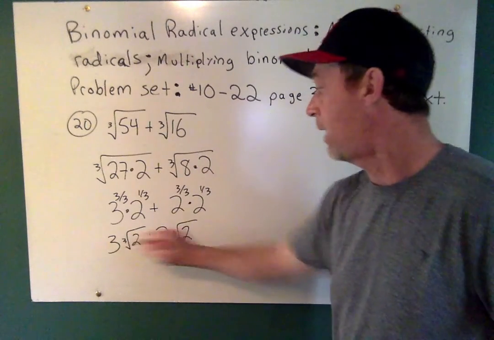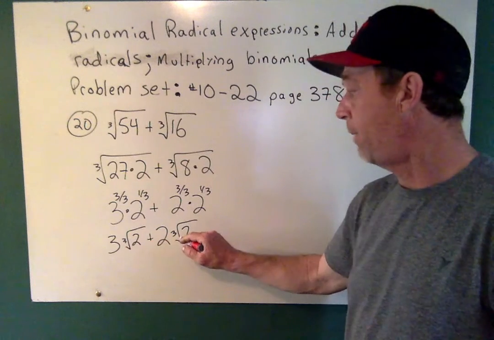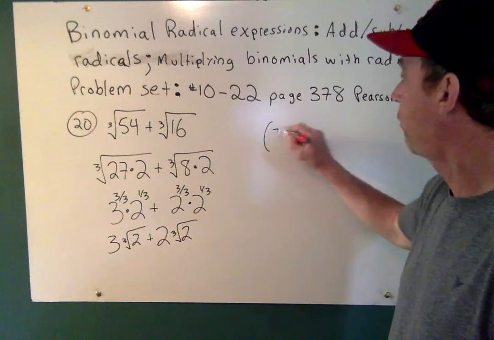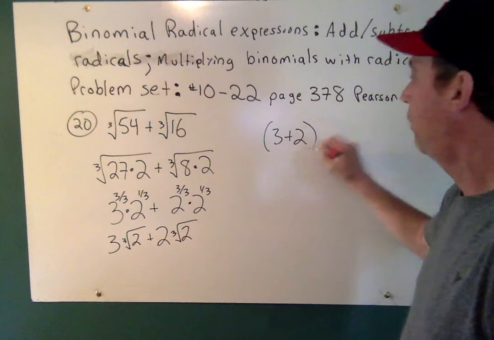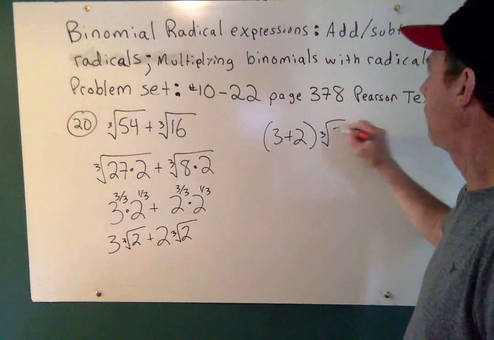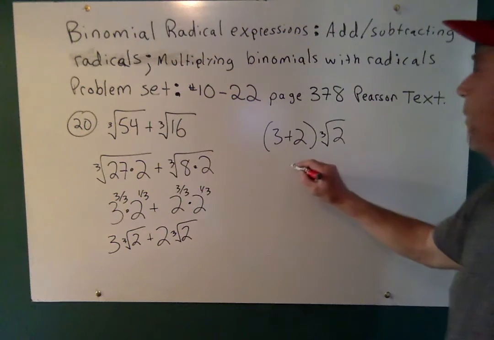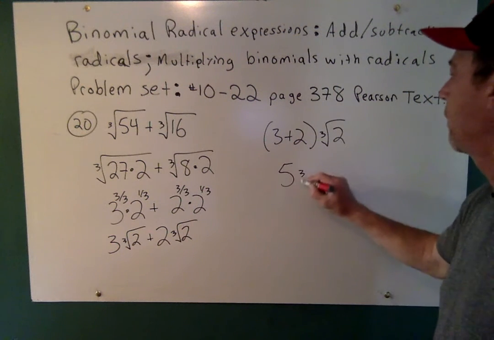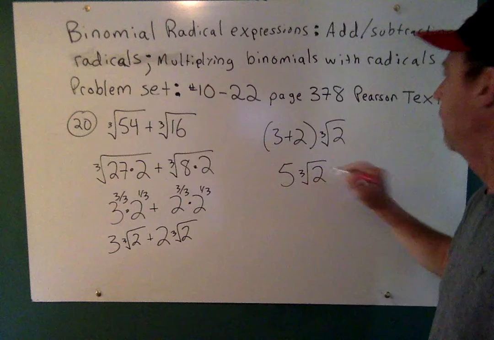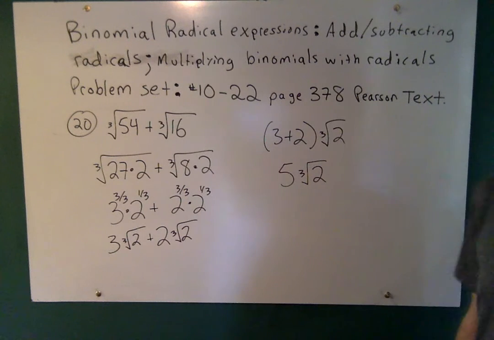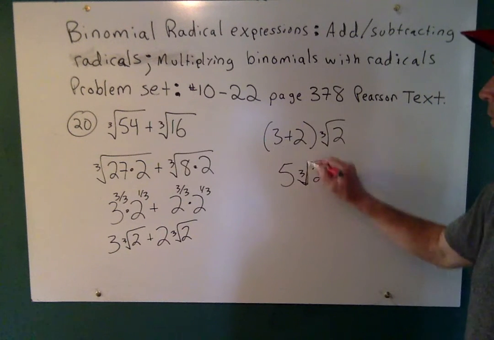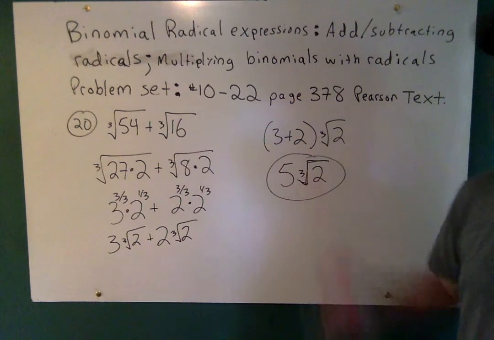This would then be a common factor. Both of them are multiplied by the cube root of 2, so it's 3 plus 2 times the third root of 2, which turns out to be a total of 5 times the cube root of 2.